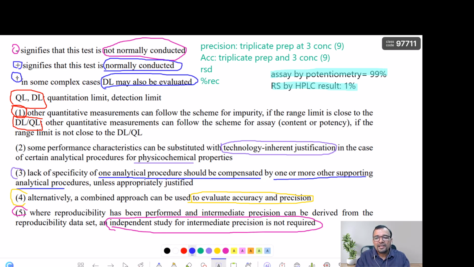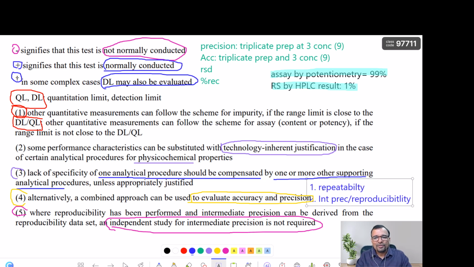Precision can be demonstrated at 2 levels. Level 1 is repeatability, and level 2 could be either intermediate precision or reproducibility.